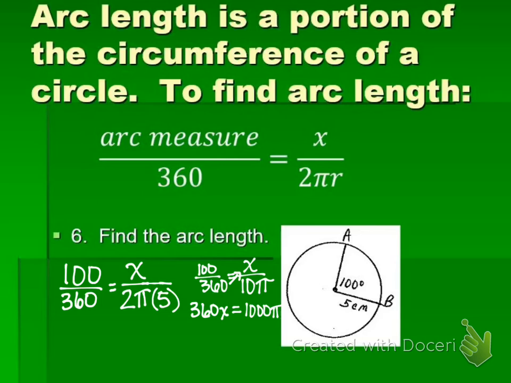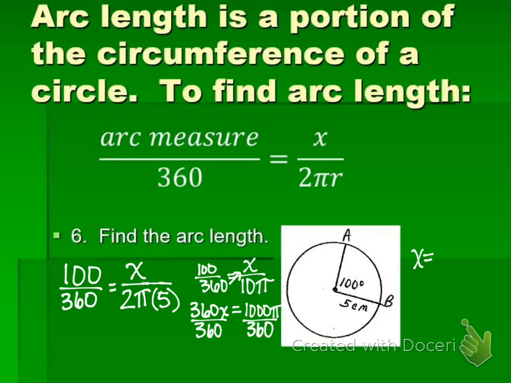In order to get x alone, I'm going to have to do what to both sides? Divide by 360. So in my calculator, I would take 1,000 times pi, press equals, and then divide by 360.